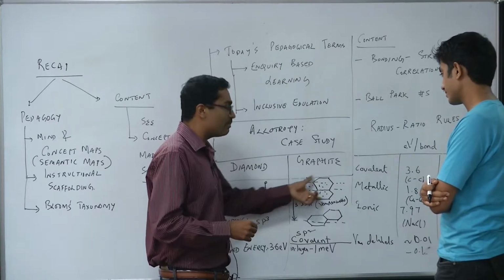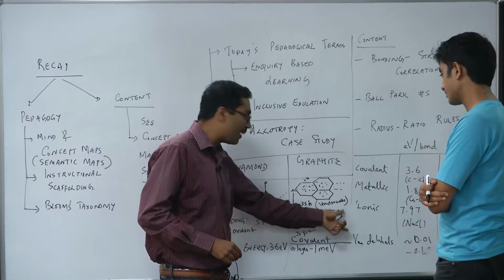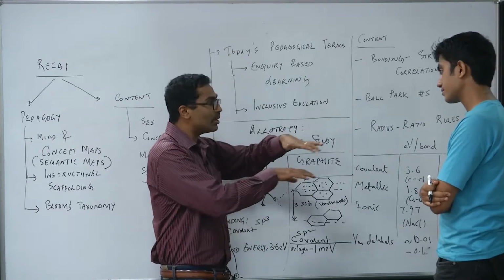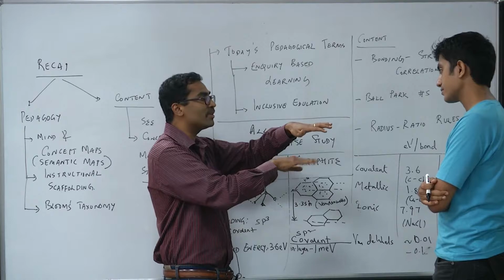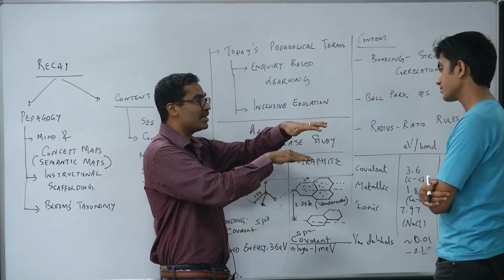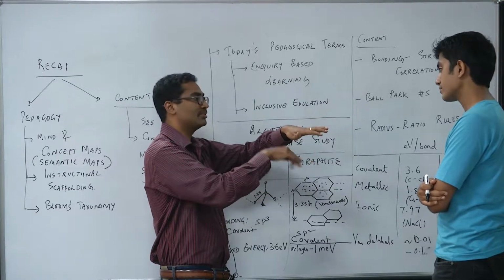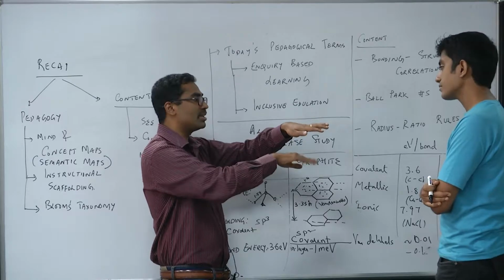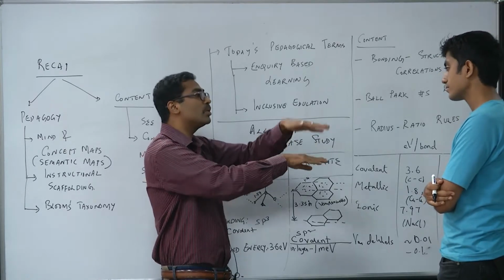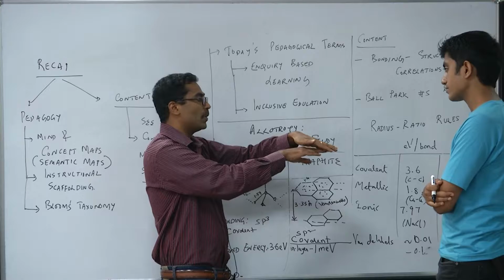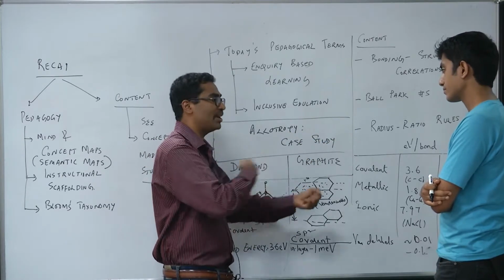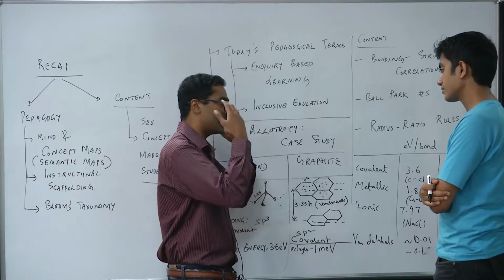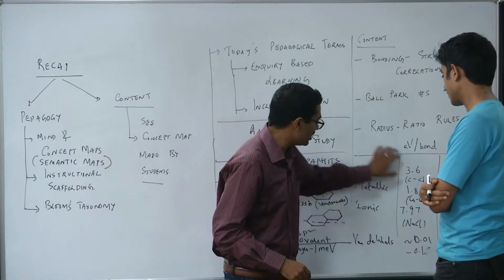You have a pi cloud here and you have a pi cloud here. Now you have two pi clouds that are seeing one another. Then whenever there is a fluctuation here, there is an image of the fluctuation here. You understand? So just like induction. Whenever there would be a fluctuation here, there would be a fluctuation there, and this fluctuation would be good enough to keep it together. So here it is not really overlap integrals or direct overlap of electrons in the classical sense, the way it is for these three bonds.